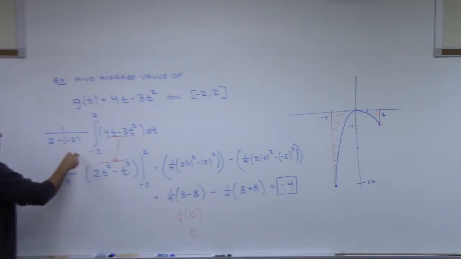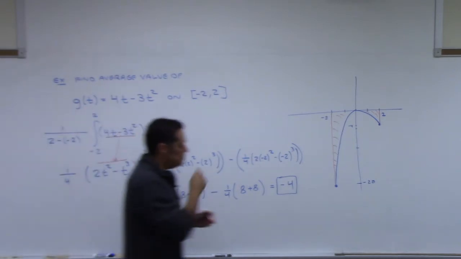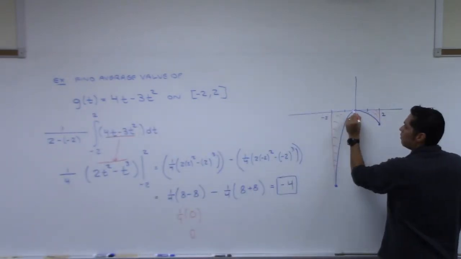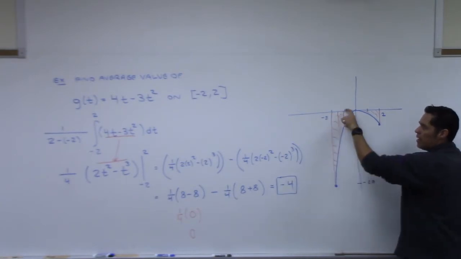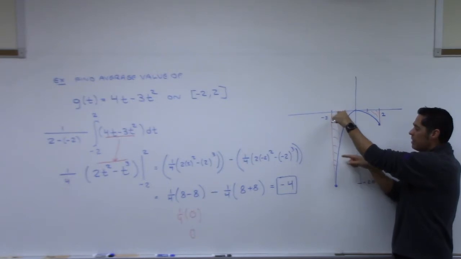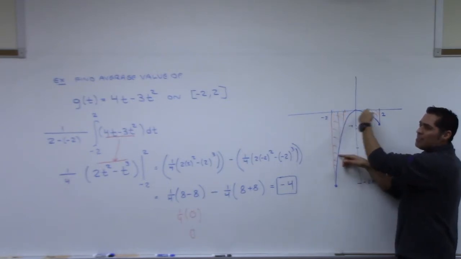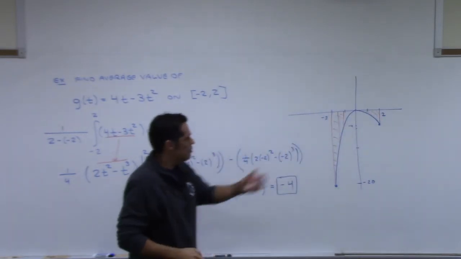So does it make sense that our answer is negative? Yeah, because if we start plugging in values of t here, we're going to get certain measurements of heights of the function, which are going to be negative values because they're below the x-axis. And then we try and figure out, what's the average of those negative heights? The average would be -4.